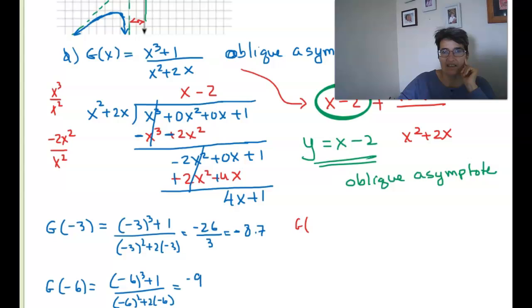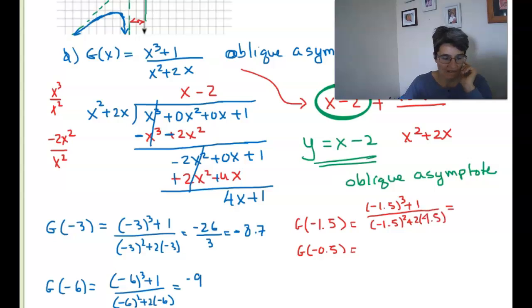So g at negative 1.5 is (-1.5)^3 + 1 over (-1.5)^2 + 2 times -1.5.